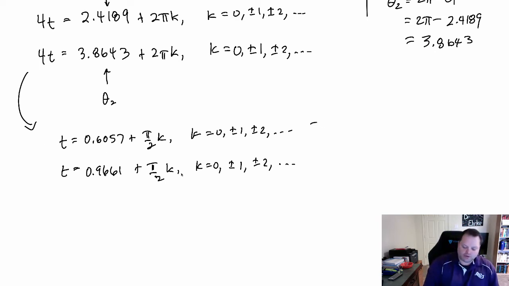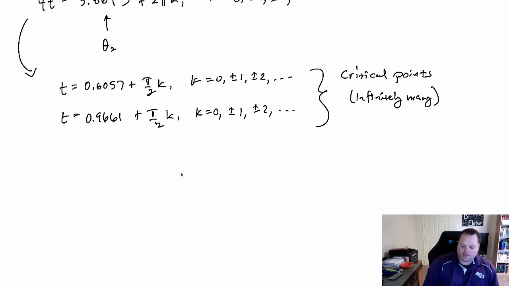These are our critical points. There are an infinite number of them. But there aren't infinitely many on our interval. So be reminded here that our interval is only the first 4 months, which would be from 0 to 4.